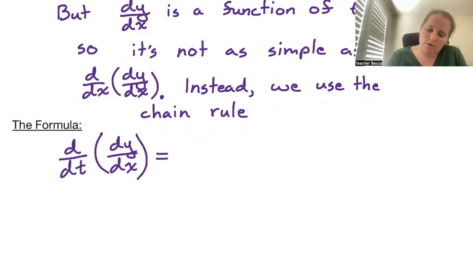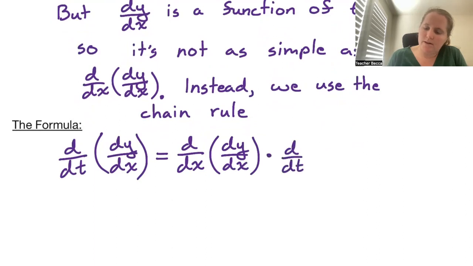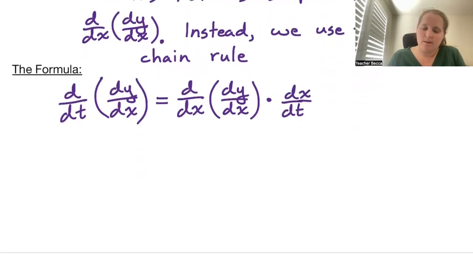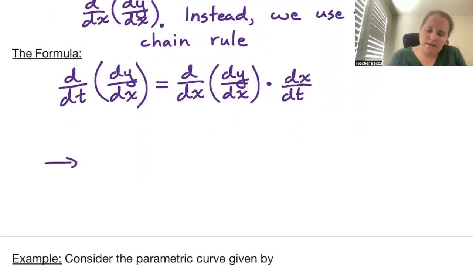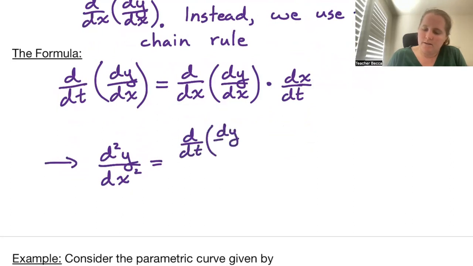This derivative should be equal to the derivative with respect to x of dy dx times the derivative with respect to t of x, or times dx dt. So this gives us that the second derivative of y with respect to x should be equal to the derivative with respect to t of dy dx over dx dt.